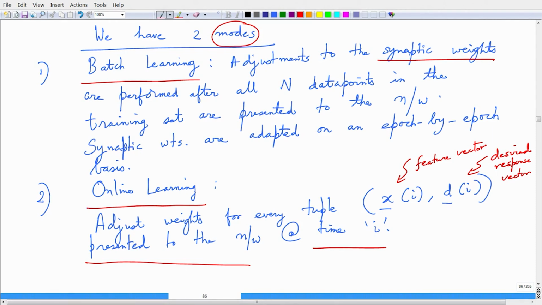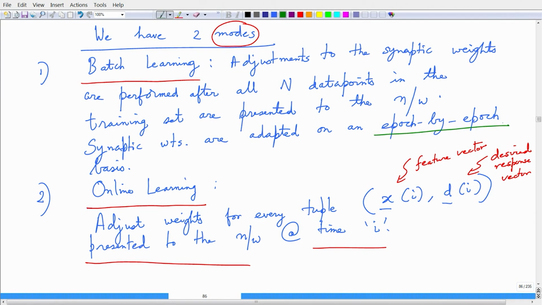So, in one pass you present all the N data points in the training set to the network, then the synaptic weights are adjusted, and this process continues on an epoch by epoch basis. This is important, on an epoch by epoch basis.